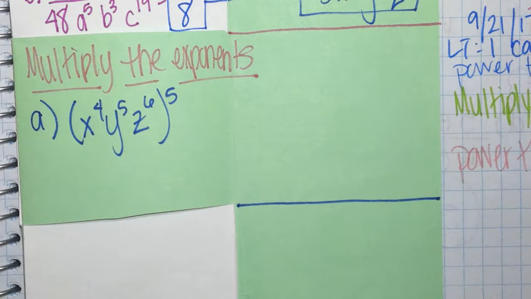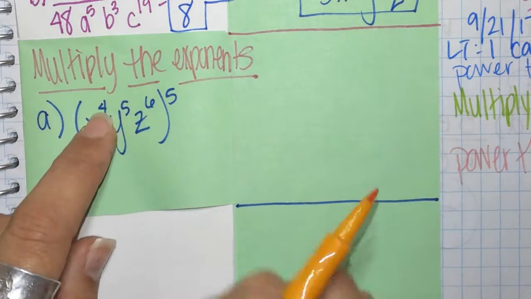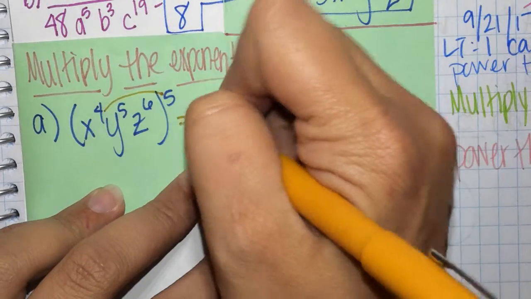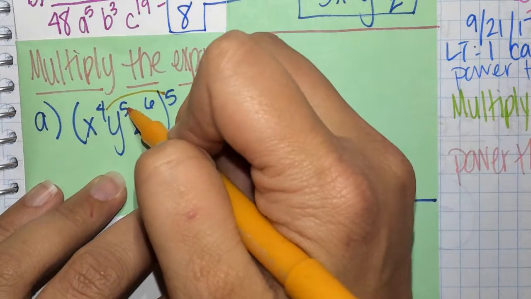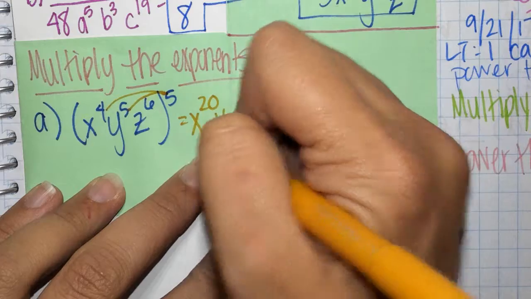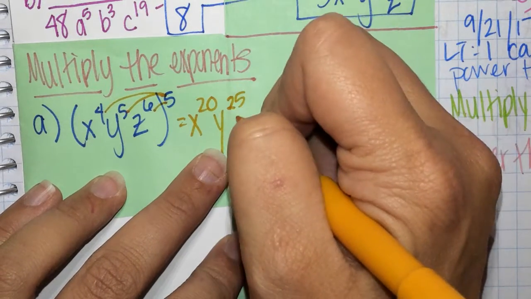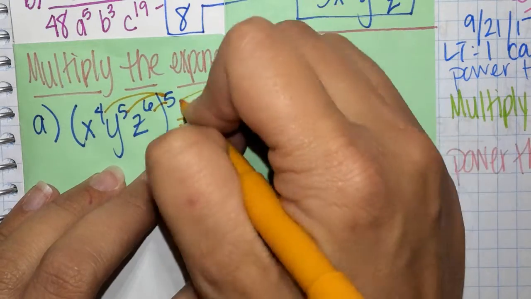You multiply the exponents. So you are going to do 4 times 5, and you get what? 20. Then you do 5 times 5, and you get what? 25. Then you do 6 times 5, and you get 30, and you're done.